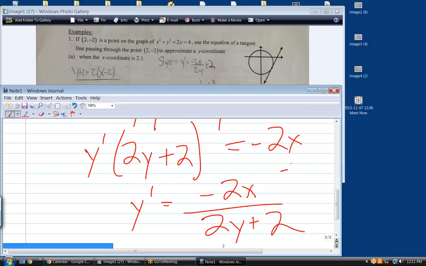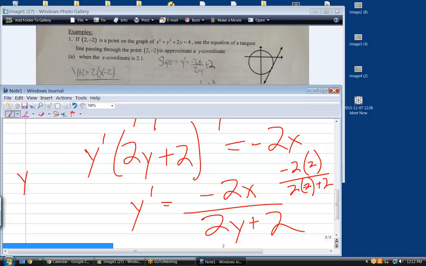Well, it's minus 2 times 2 divided by 2 times 2 plus 2. Ah, I got my signs wrong. No, that's the x, that's the y. So I've got minus 4 over minus 2, which gives me minus 2 is my slope.